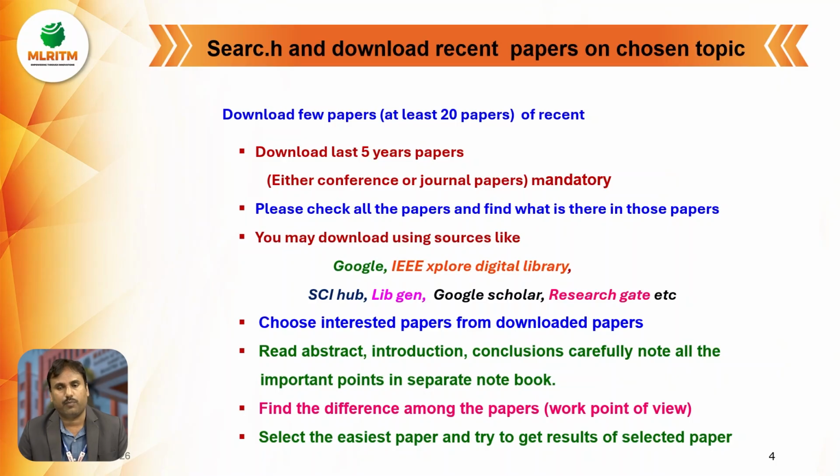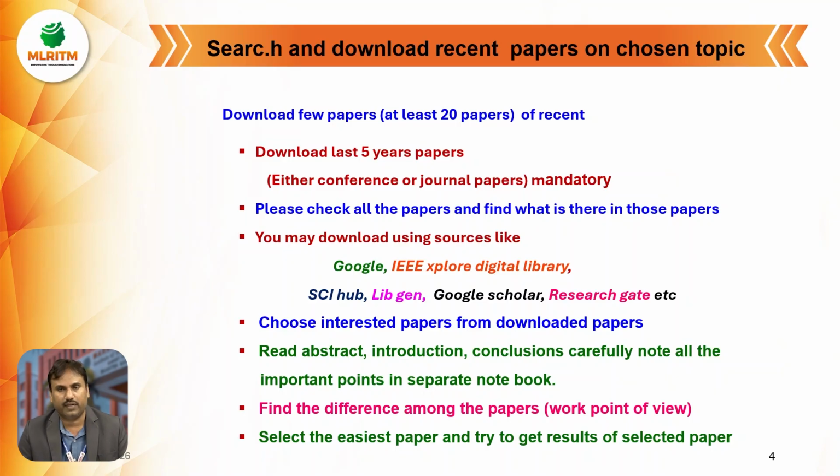Find the differences among the papers, because the broad area is common for all 20 papers, and your chosen topic, video compression for example, is what all 20 papers relate to. Out of 20, you choose the interesting papers, 1 or 2.